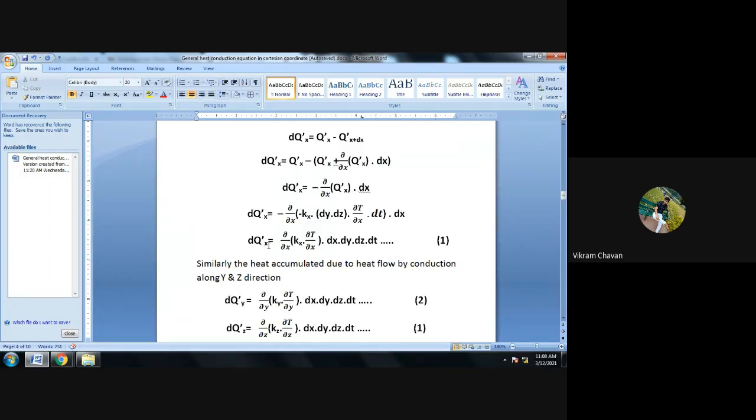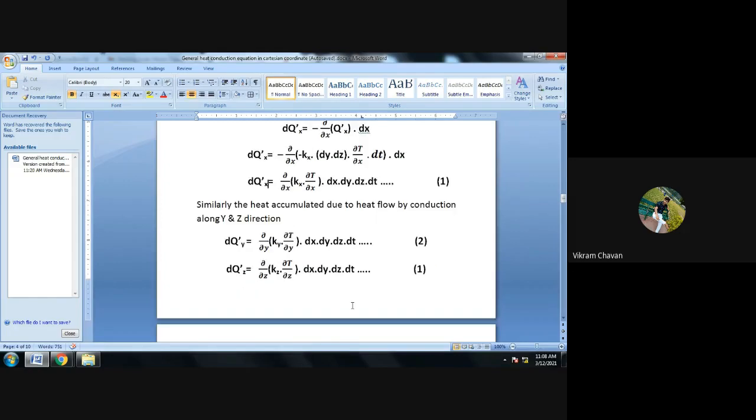Just change the suffix accordingly where required. So instead of dq dash x we have considered dq dash y, which will be equal to ∂/∂y, the differential with respect to y, of k suffix y multiplied by ∂T with respect to ∂y, multiplied by dx dy dz multiplied by dt.